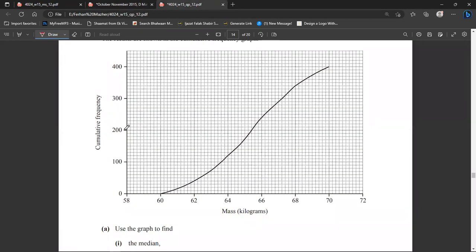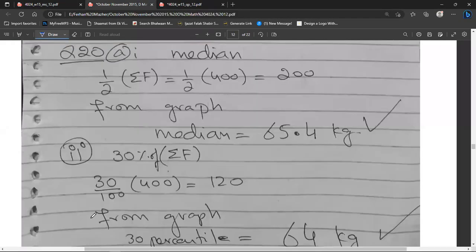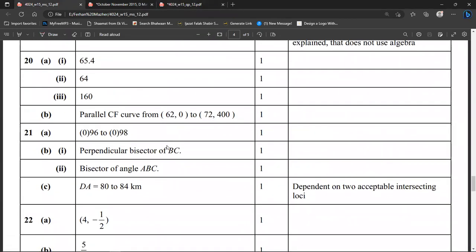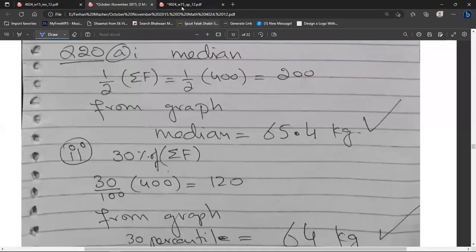So from your graph, you go to 200 on the y-axis. From here, you go to the graph, and you check what is the number. It will be 65.4 kg. 65.4 kg is the right answer, sir.